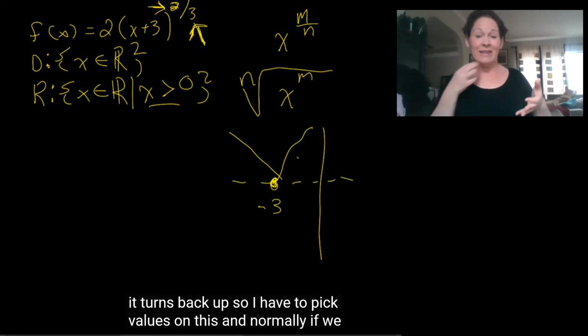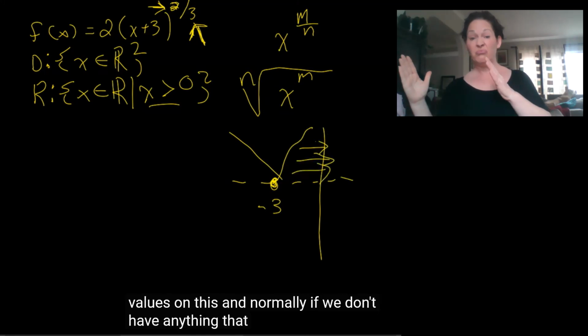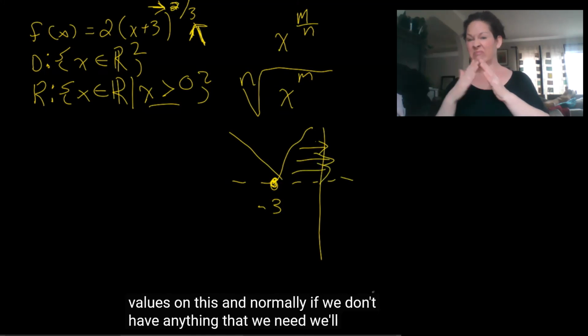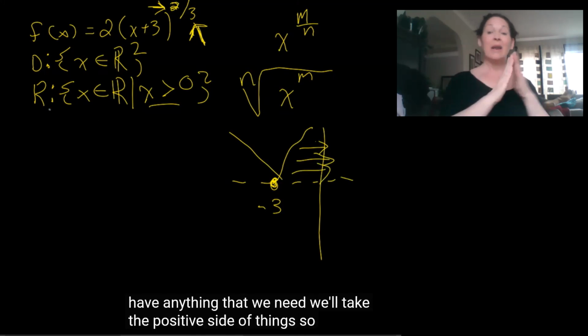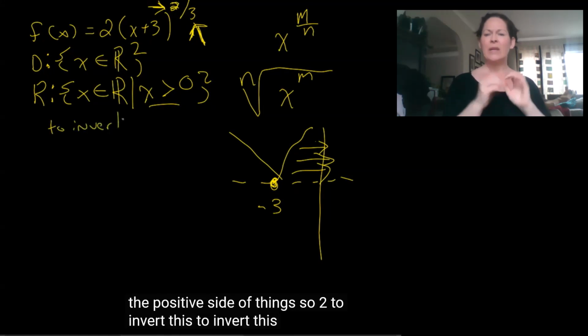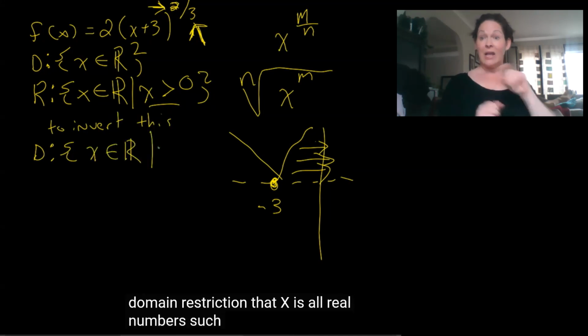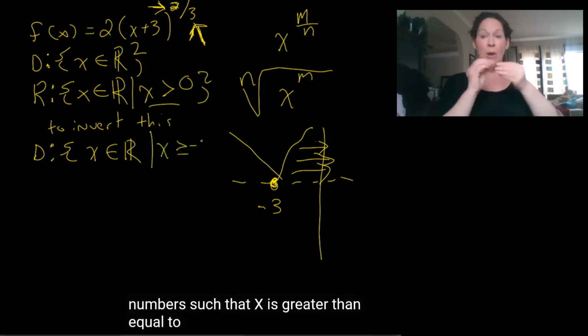And normally, if we don't have anything that we need, we'll take the positive side of things. So to invert this, we imply the domain restriction that x is all real numbers such that x is greater than or equal to -3.